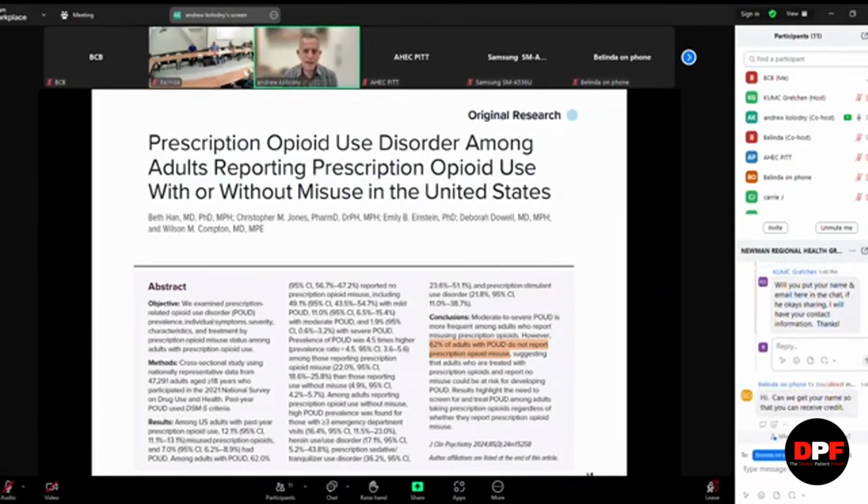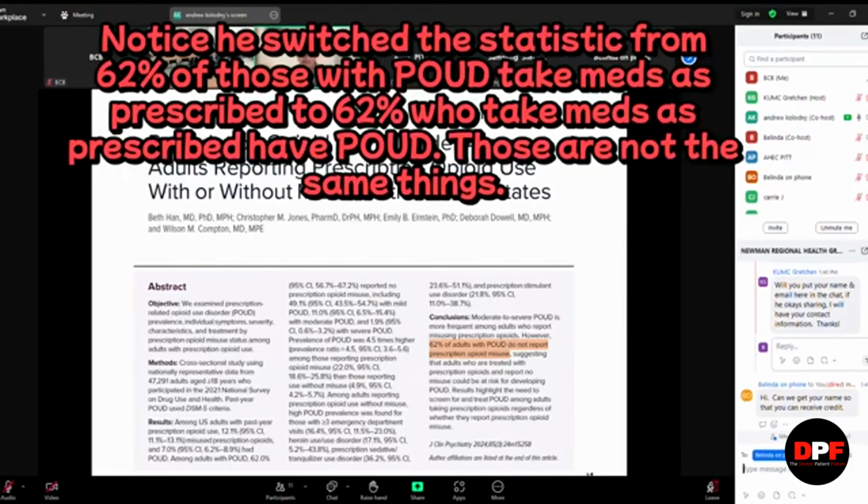I just want you to think about that for a second, because for many years we were told to think of the patient who's on opioids who might have opioid use disorder as being a small subset of the patients who misuse, who don't take as prescribed, a subset of the misusers have opioid use disorder. What this is telling us is that 62% of people who take the opioid exactly as prescribed meet criteria for at least mild opioid use disorder.